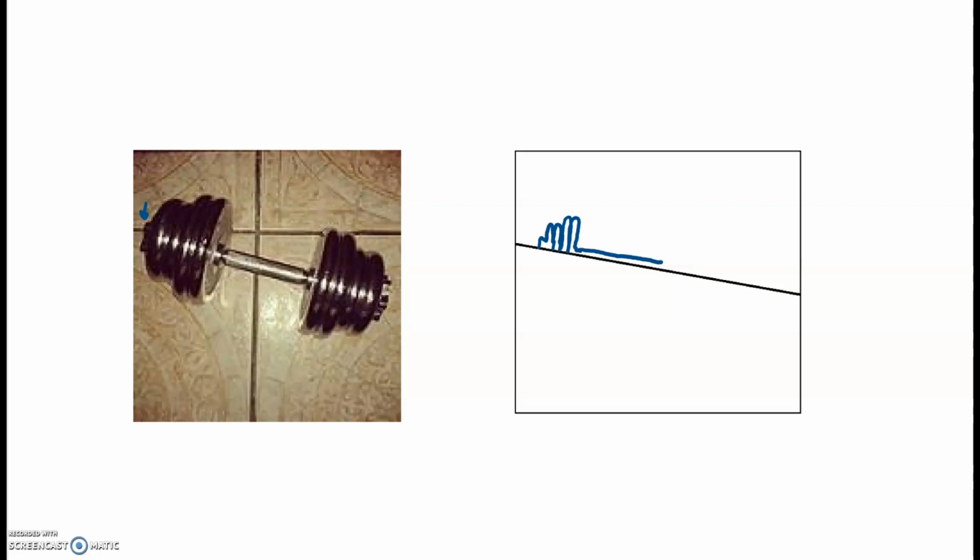There's the handle, and then we got the two bigger dumbbells, and the two smaller dumbbells, and then that collar at the other end. So if I rotate this, that's kind of what this dumbbell will look like. All right.